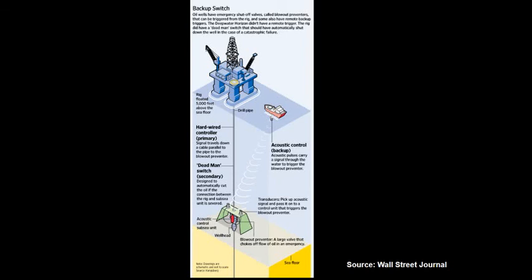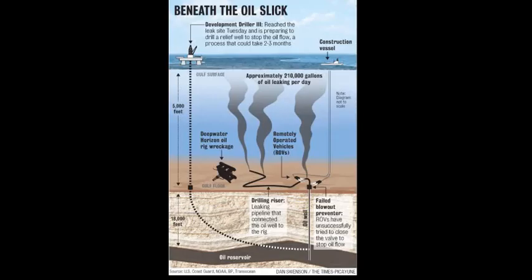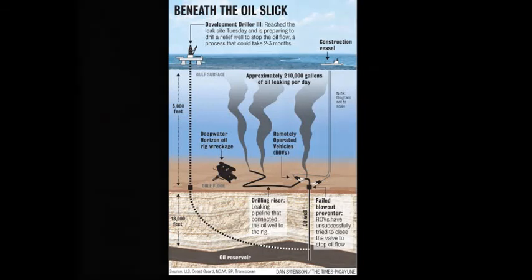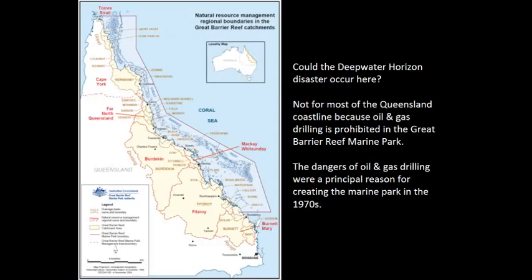Eventually the rig sank, and the wellhead just continued to spill oil for weeks afterwards, and they had to drill in from the side to try and shut off the oil well. And it was in really deep waters. That was the whole point. As we've often exhausted a lot of the easy to get oil, we're going into deeper and deeper places. And this was an example of that, a disaster driven by that.